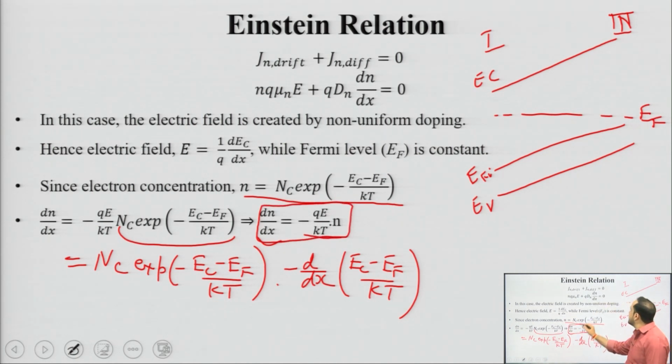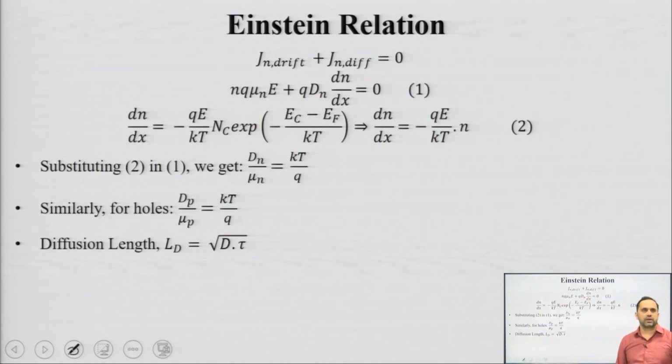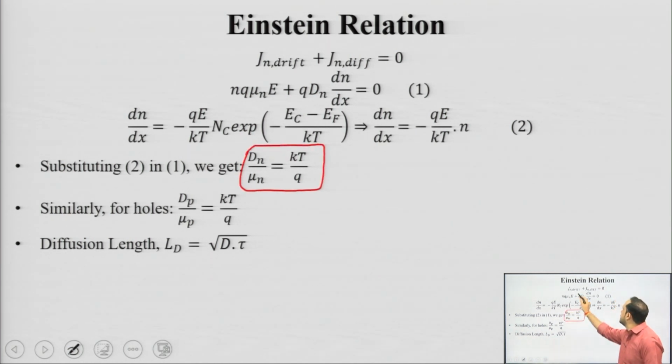This dn/dx I am going to substitute in this term here. After substitution, I am going to get this relationship, because some of the terms cancel: E is going to cancel, n is going to cancel, q is going to cancel.